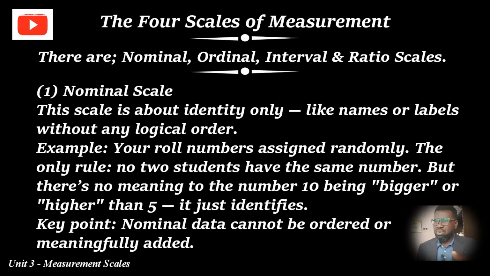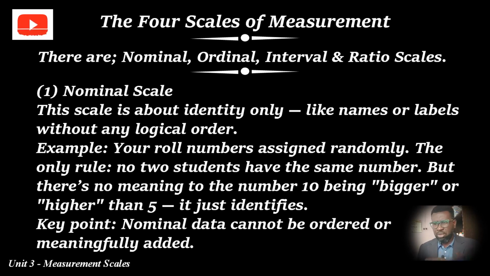All right, now we have four skills of measurement. Let me explain the four measurement skills and how they differ. The first is the nominal skill. This skill is about identity alone, like names and labels, without any logical order. They're purely for identification.